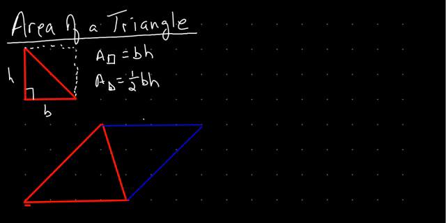We see that this thing is a parallelogram, and we know from the previous video that if I call this the base, and I come straight down, perpendicular, to make a right angle, and call that the height, the area of the parallelogram equals base times height.